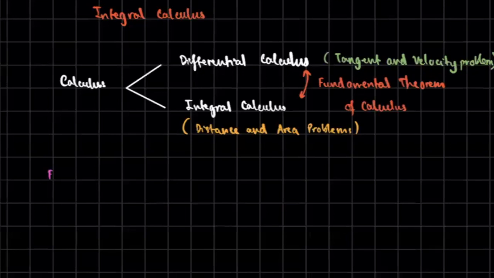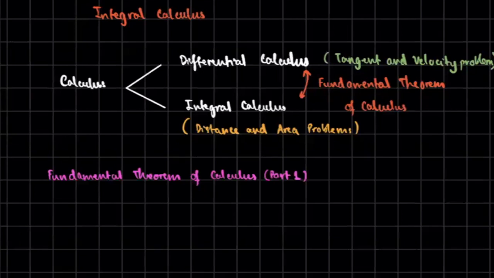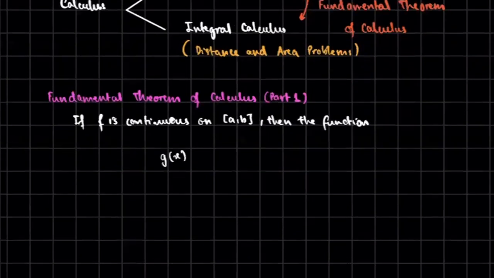So let me cover the fundamental theorem of calculus, part 1. It says that if f is continuous on a closed interval from a to b, then you have a function of this form, g of x equals the integral from a to x of f of t dt, for t between a and b.